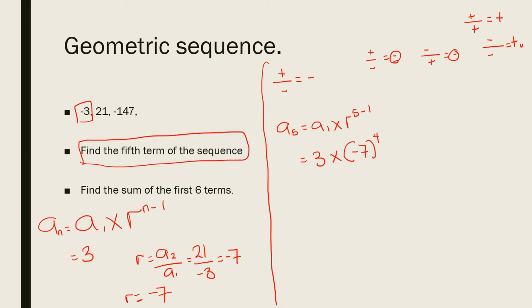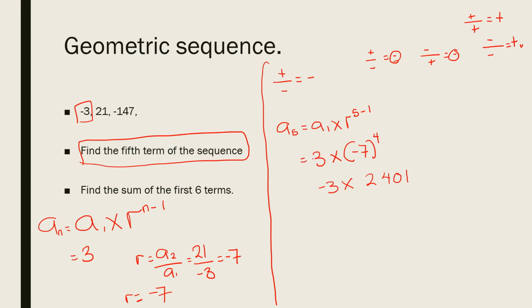So minus 7 raised to the power 4 is 2401, times minus 3.